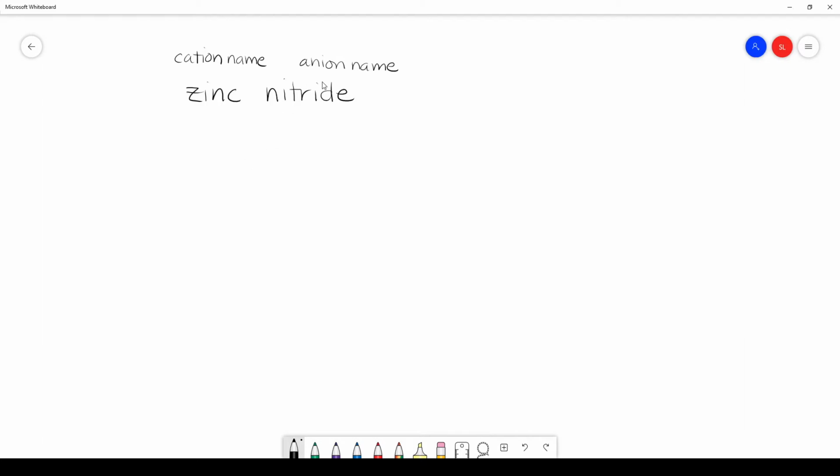Here we're going from name to formula. That means we have to start with the cation name and the anion name, and from these names extract what do the symbols or chemical formulas look like. Okay, so what does that mean? Well, let me start with the color coding. So I'll write the cation in red and the anion in purple.